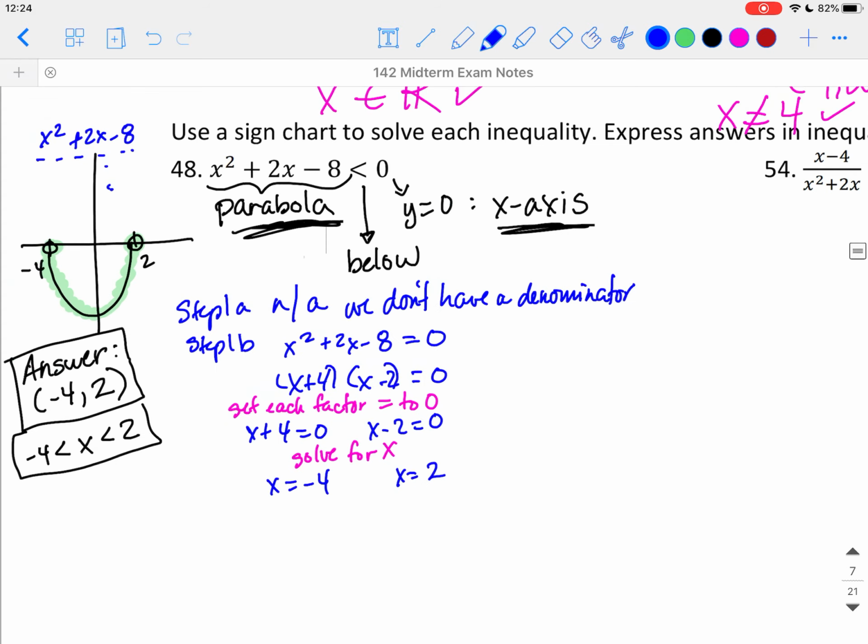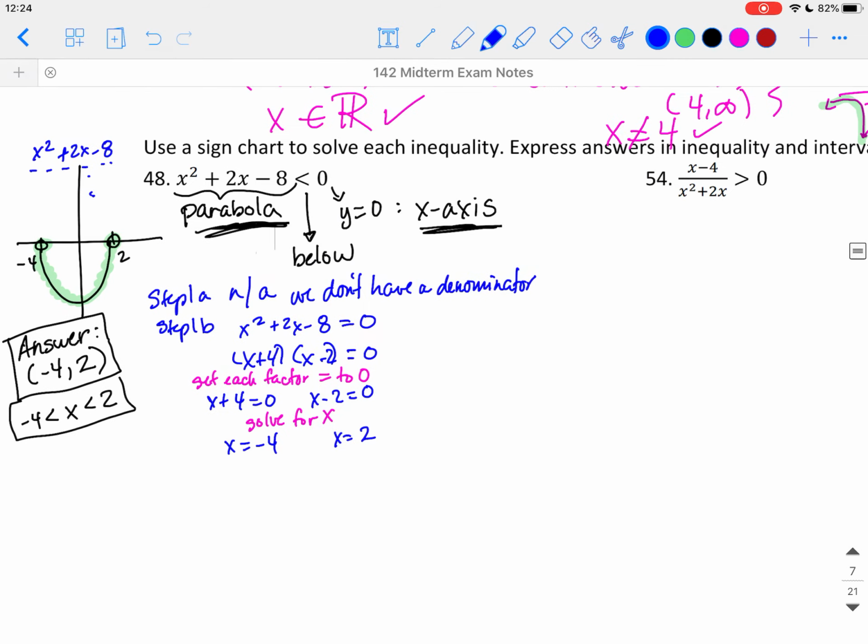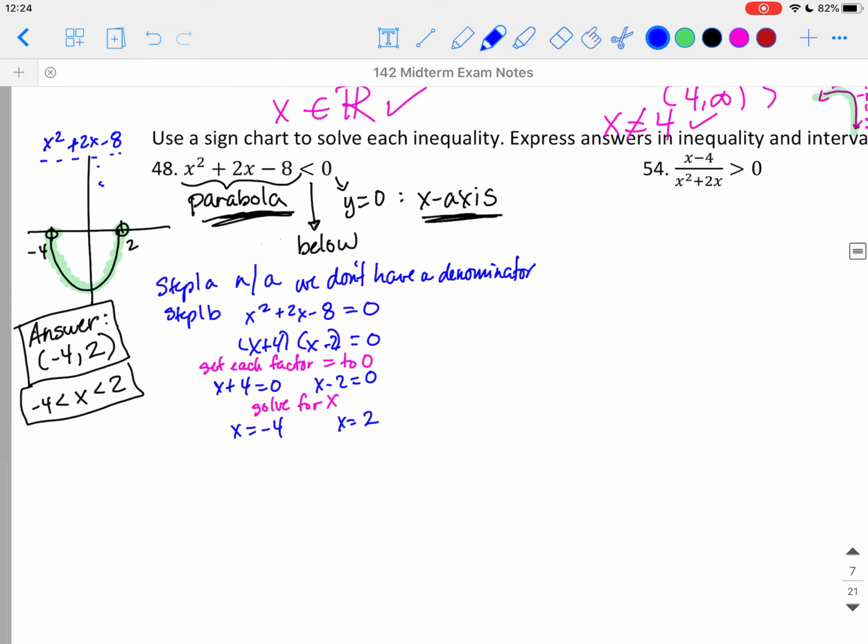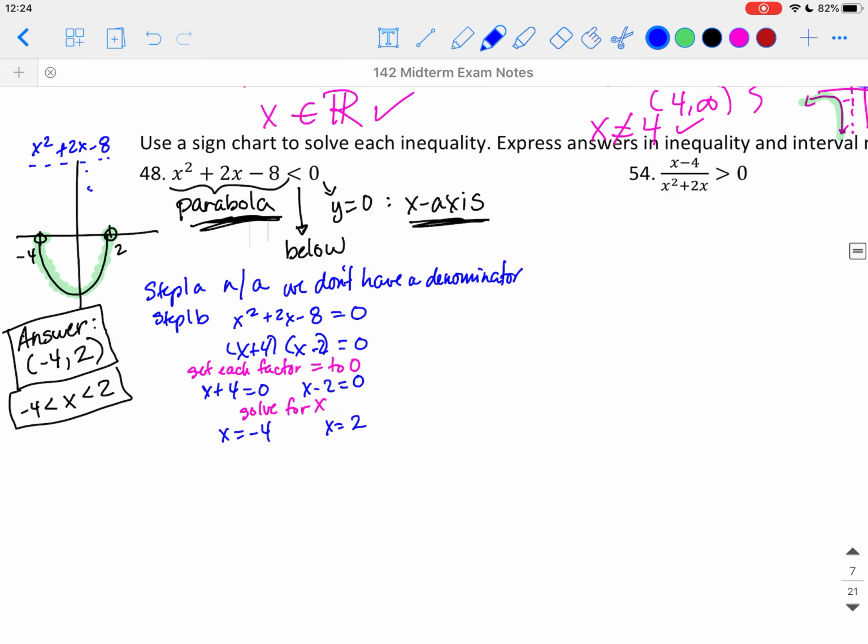Okay, so here we go. Where am I going to plot it? I'm going to do it right here. For step 2, I'm going to plot it. And this is what we found so far. So here's -4, and here is 2.